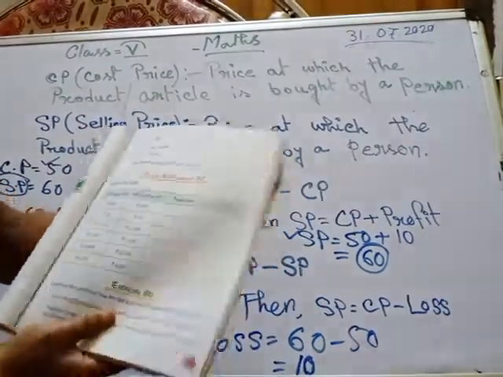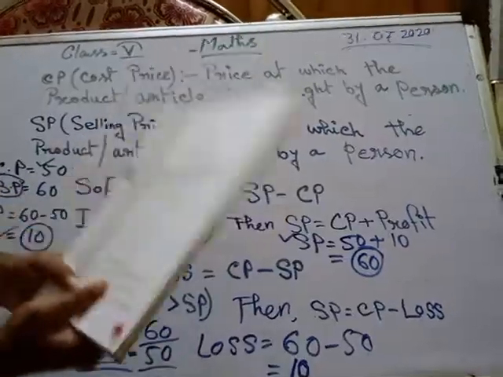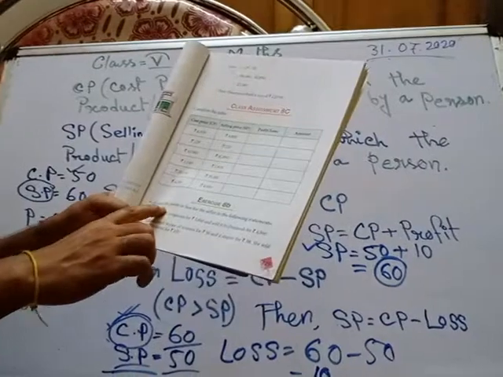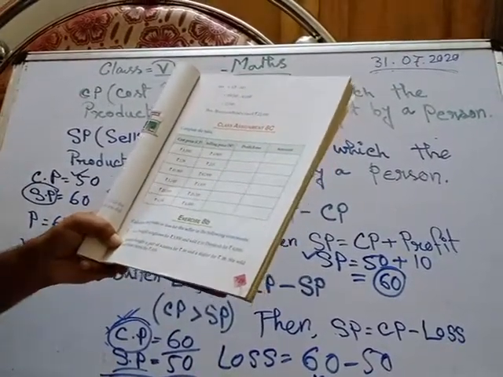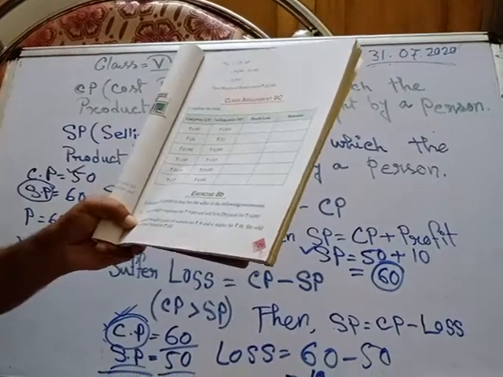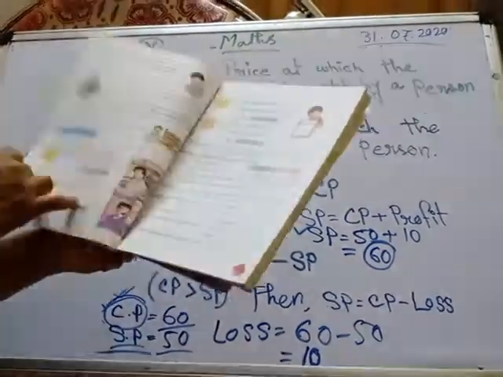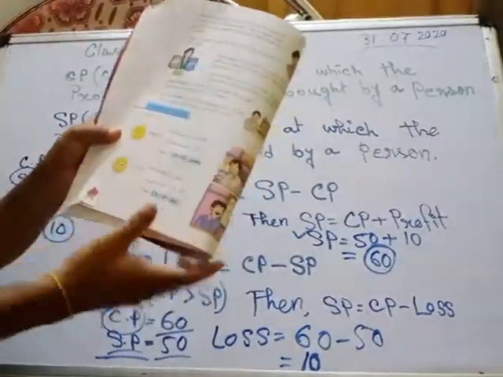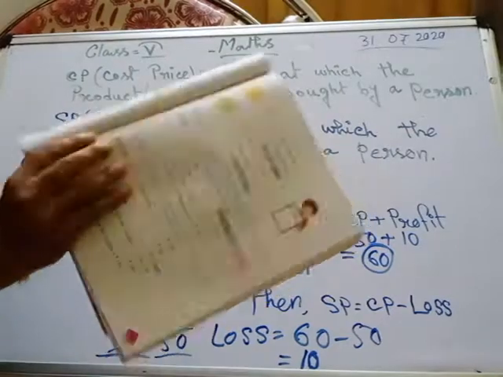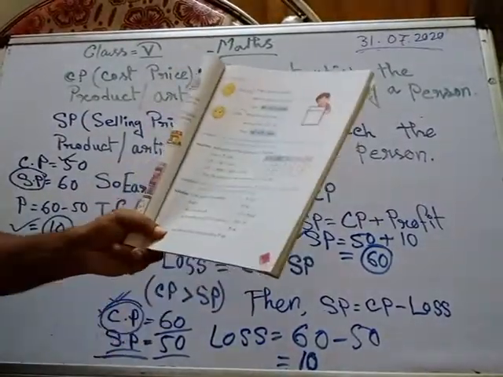Then you should find out the profit or loss, whichever it is. If there is profit, you find the profit, otherwise it will be loss. Here are some formulas for finding the CP or SP, the selling price or cost price.